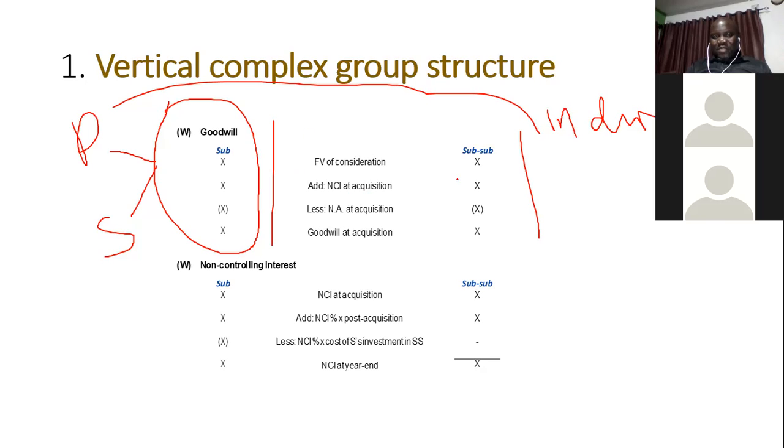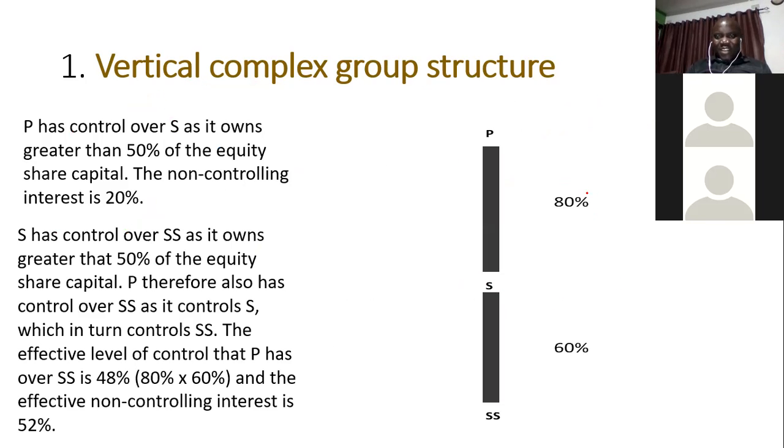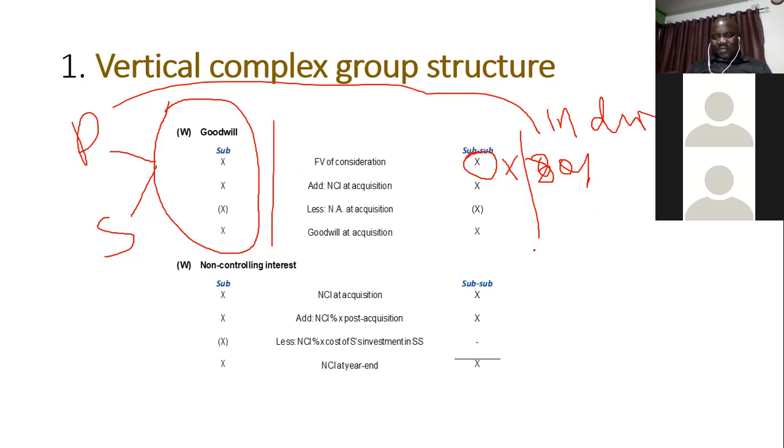So the fair value consideration here is actually going to be times 60%, times 80%, this control that you have here. Then the NCI at acquisition would be normal.